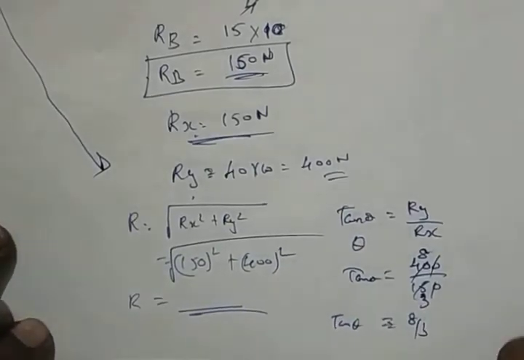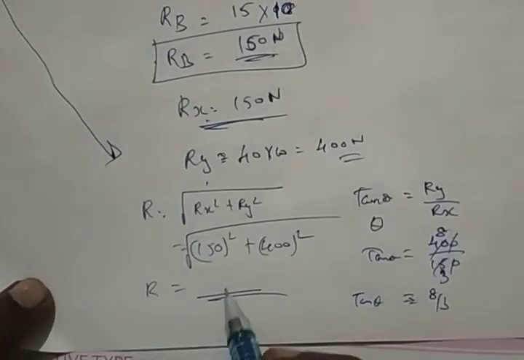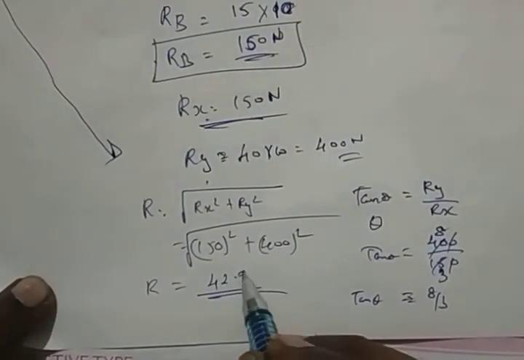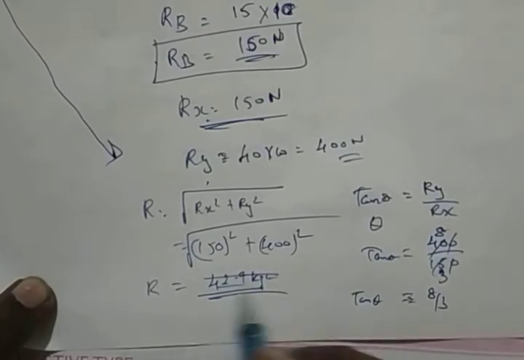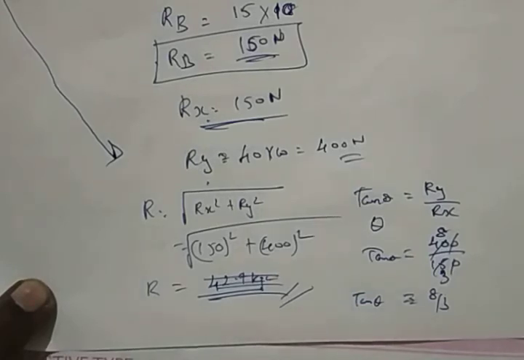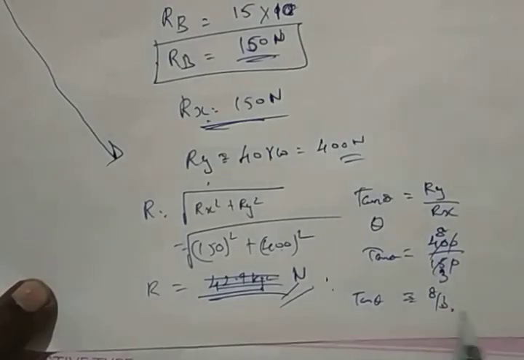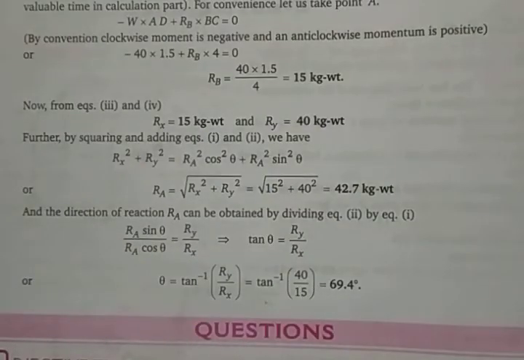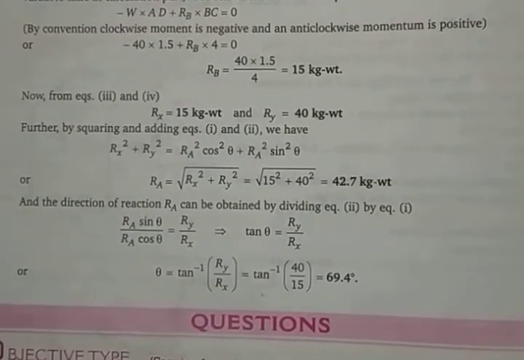Actually the answer, if you look at it, is 42.7 kg weight. In other words, you just put your answer, it will become around 400 something. Take a look at it. I will just leave it there and not put a value here. It is going to be in newtons, you will get the answer in newtons. Here also it is going to be 8 by 3, somewhere like this you will get.